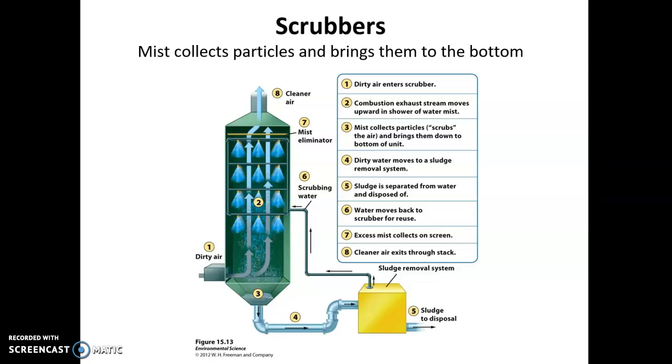And then that dirty water moves to another system, which is called a sludge removal system. And there, some of the sludge is allowed to float down to the bottom through gravity, and that's moved to disposal. And then the cleaner water up here can be recycled back to the unit for reuse. And again, as it's scrubbed and the air passes through, the cleaner air then can exit.